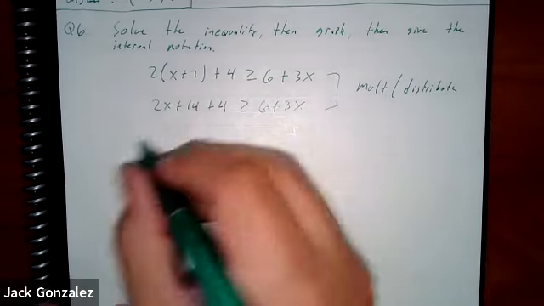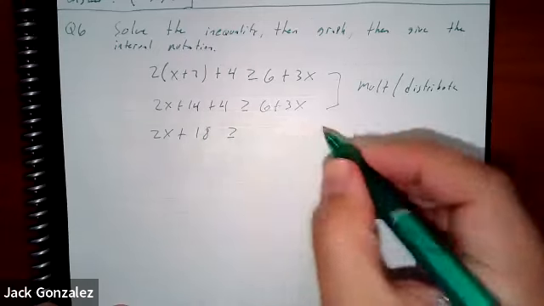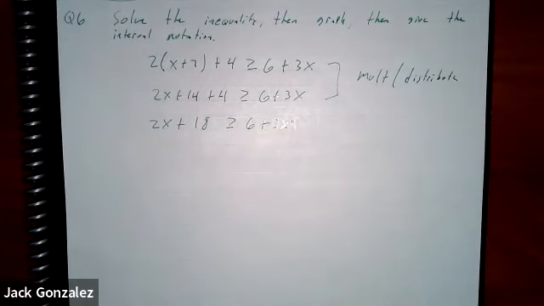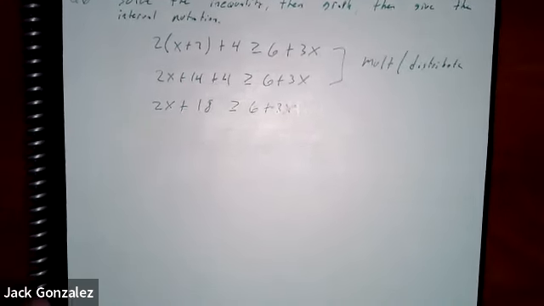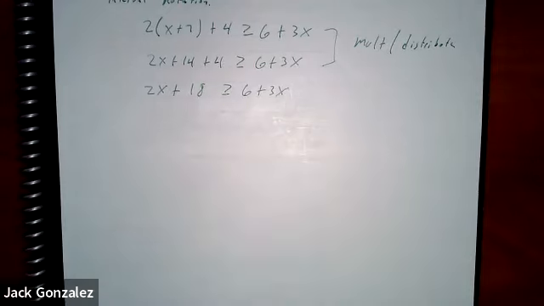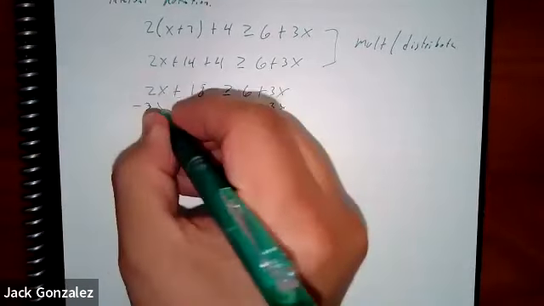Okay, now combine like terms. Look right at that 3x. I'm going to subtract the 3x to the left and subtract the 18 on the right. Minus 3x, minus 3x.